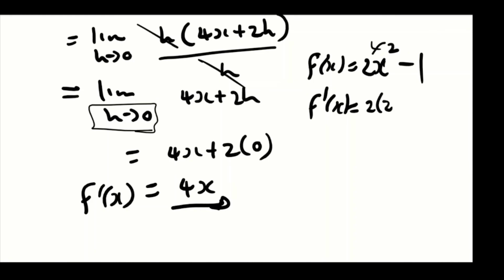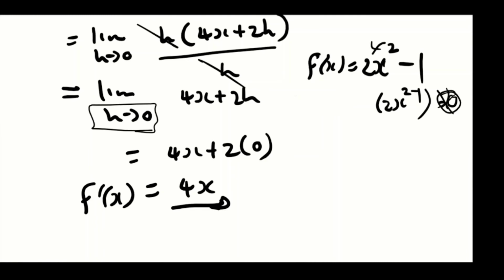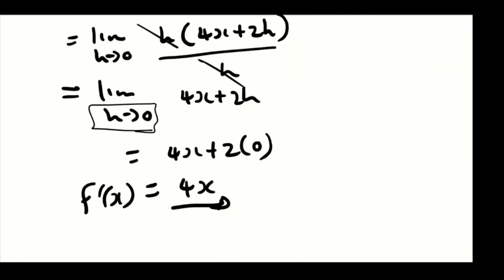It's going to be 2 into 2x, and minus 1 gives minus 0, so it's just going to be 0 there. So f prime of x is just going to be this 2 multiplied by this 2, which is 4x. You must always check whether the final answer is the same as deriving normally. That way will help you see that you are correct with your steps.